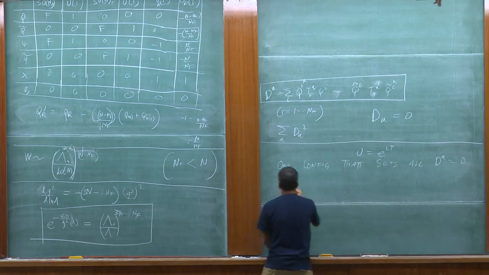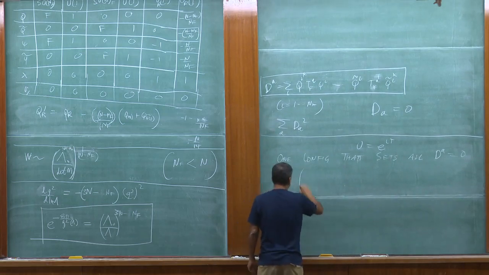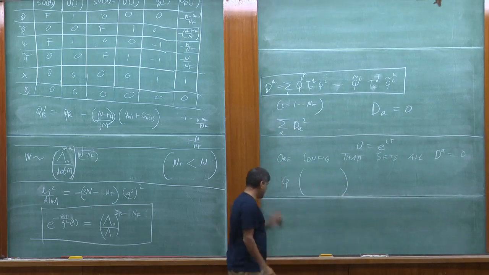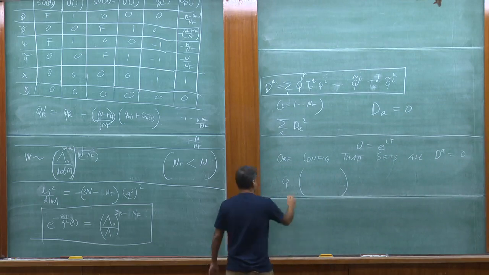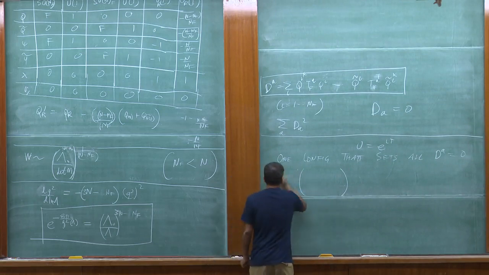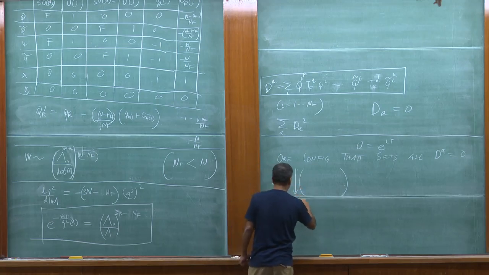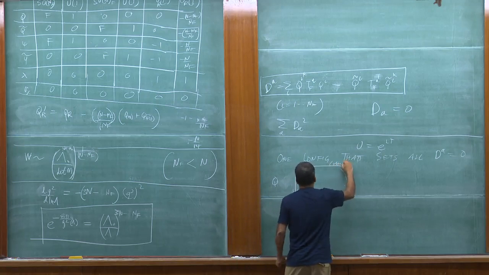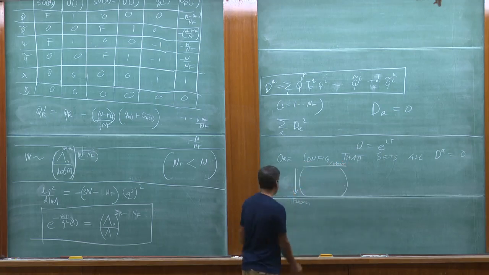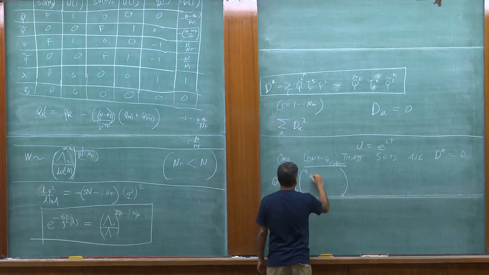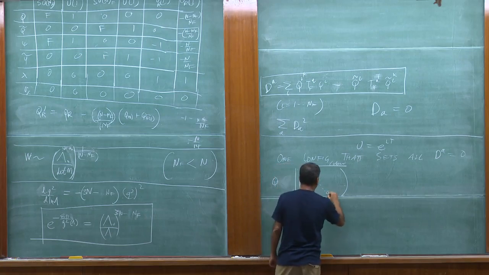So let me write Q as a matrix, and I'll write it as a matrix where this is flavor and this is color. Okay, and I write A1, A2 up to ANF.